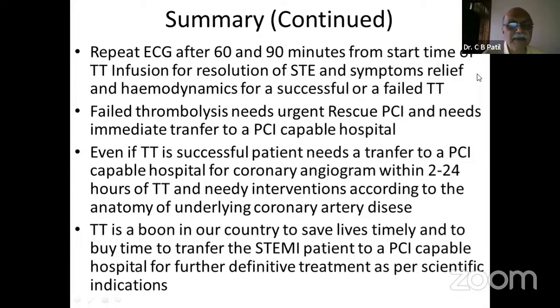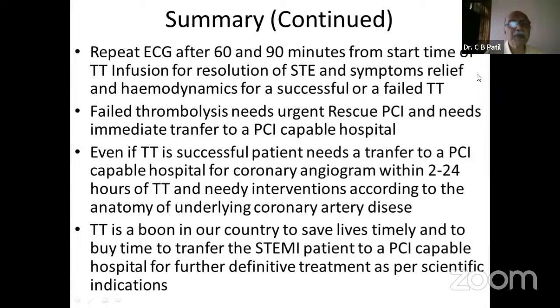If the person is having ischemic symptoms, and if a PCI capable center is there and an experienced person is there, immediately if there is an ST elevation, load the patient with soluble aspirin, clopidogrel, IV heparin, high dose statins, and if necessary beta blockers, ACE inhibitor, if the hemodynamics is permitting, and immediately shift to the center for a coronary angioplasty, otherwise called primary PCI.